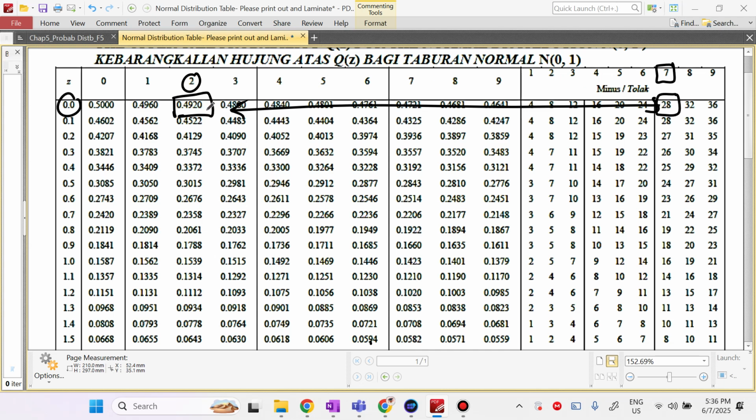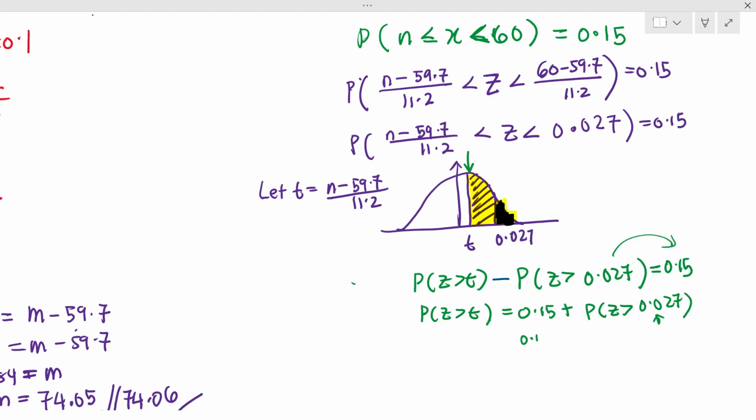So 0.4920 minus 0.0028. So you'll get probability z greater than t.